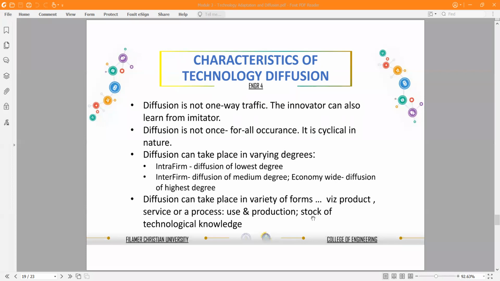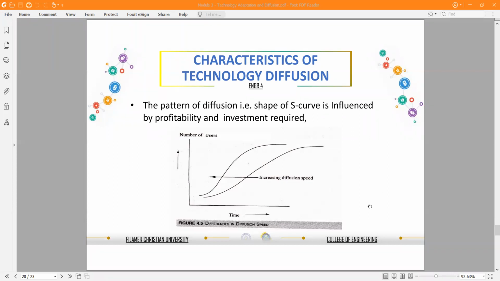Or it might be a stock of technological knowledge. So here we have the pattern of diffusion. So let's say a shape of S-curve that is influenced by profitability and investment required. And so this is the difference in diffusion speeds with respect to time and the number of users.